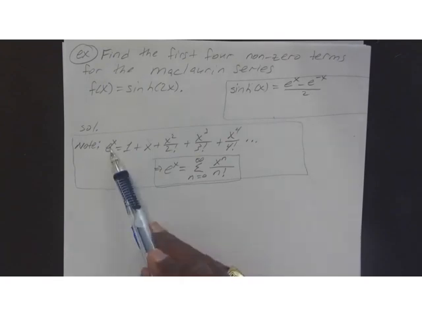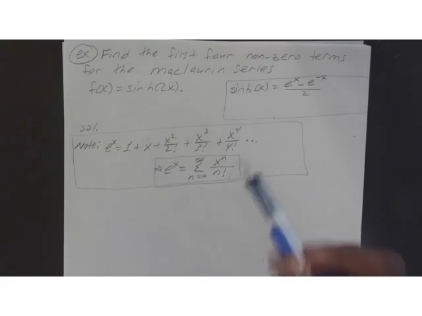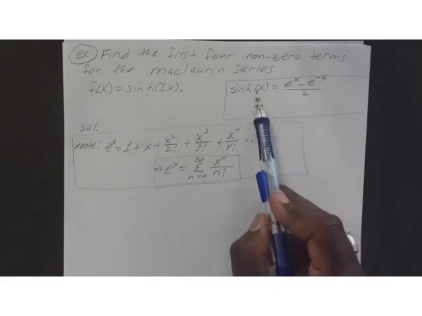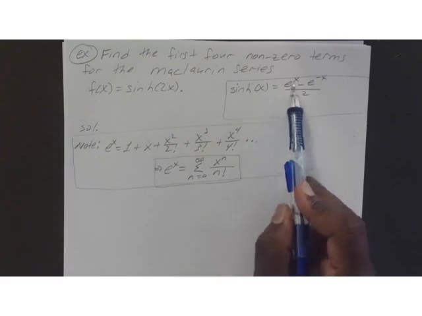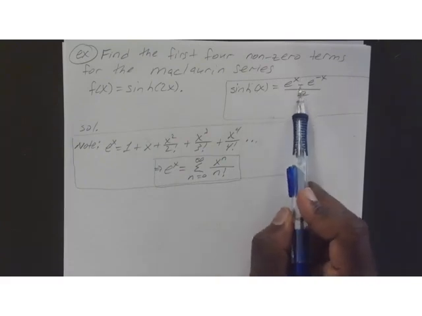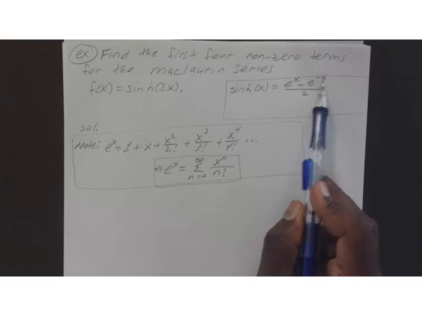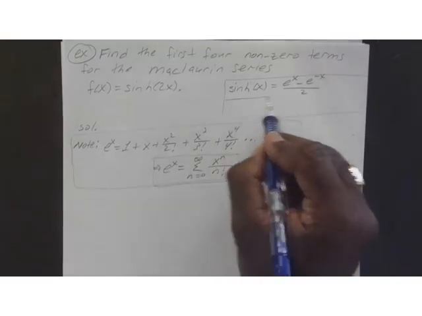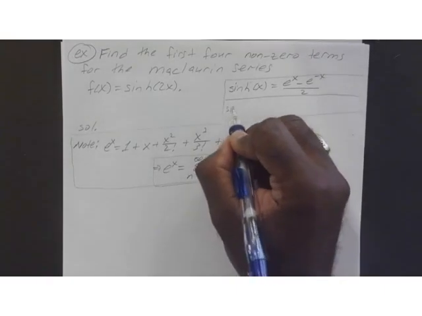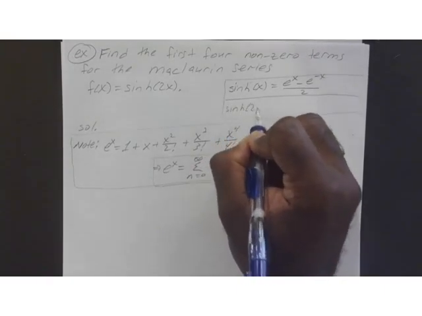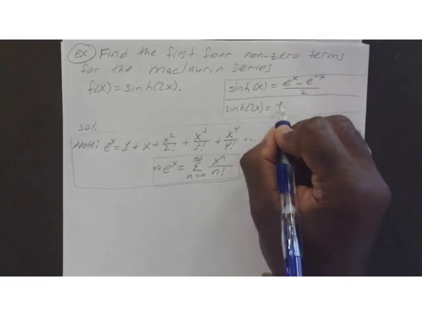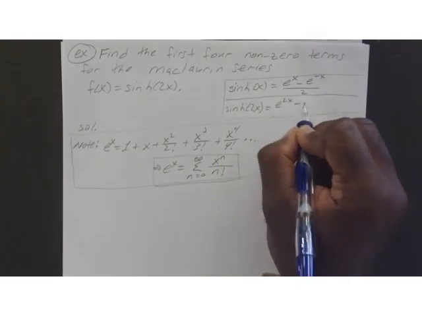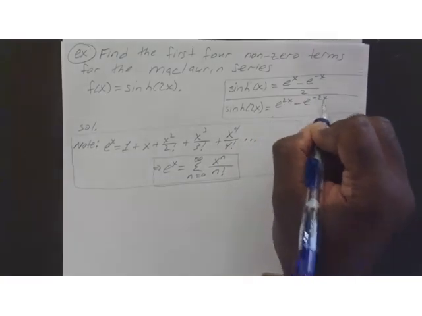So that gives us e to the power of x. So the hyperbolic sine of 2x would be e to the power of 2x minus e to the power of negative 2x, divided by 2.